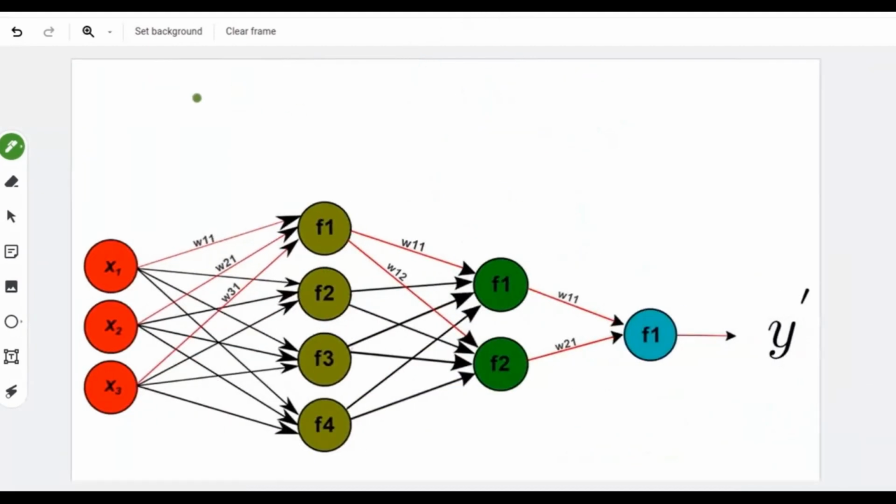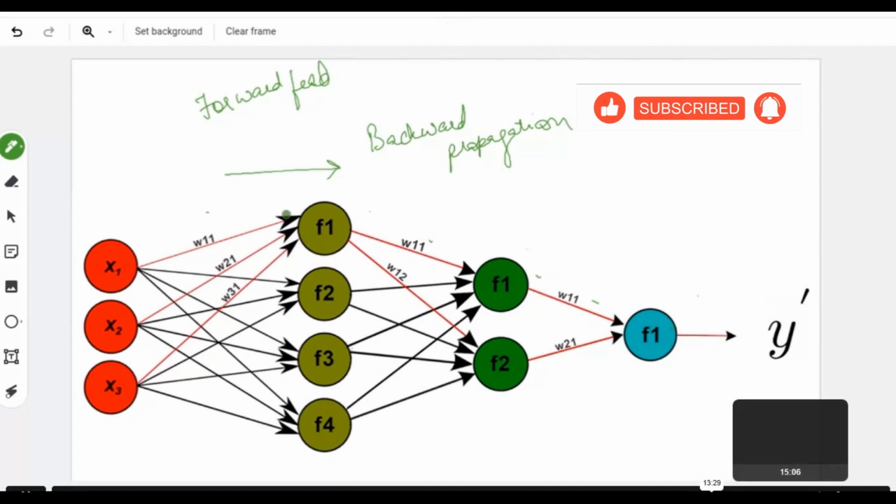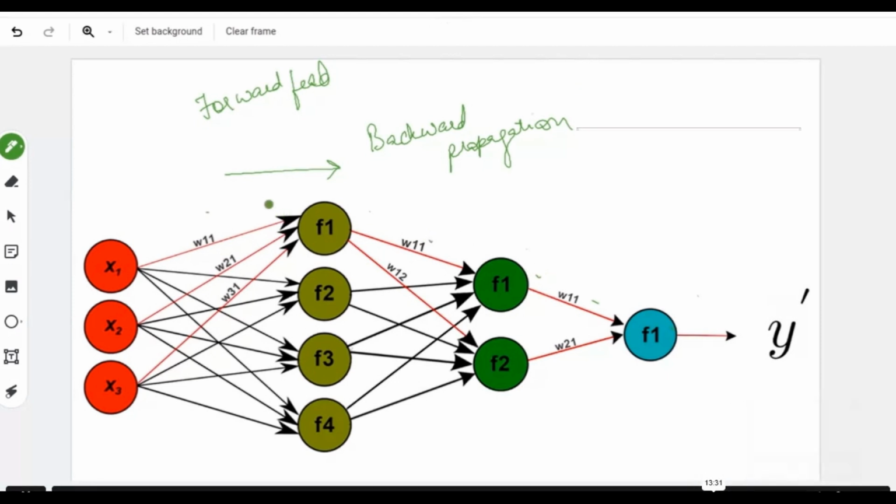That is it. So in short, you have this forward feed where you go forward in the layers one by one, and you have backward propagation where you go back, find the differentiation one by one and update the weights and biases.